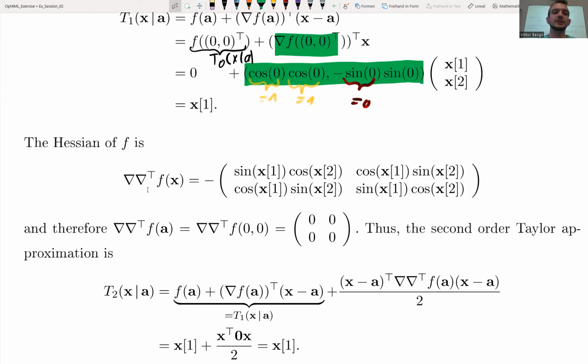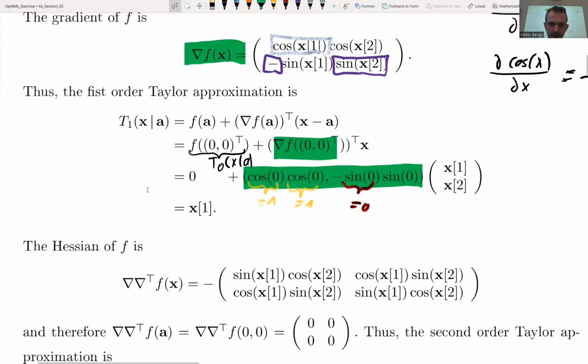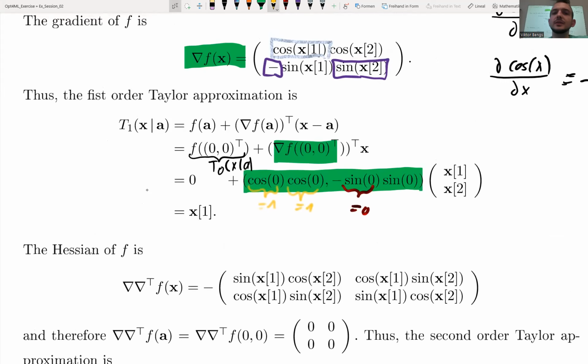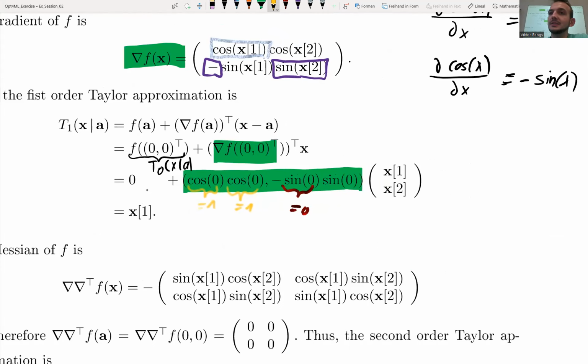And well, let's compute the Hessian matrix first and then plug it into the Taylor approximation. So what do we have? The gradient, in its first component, this product of the cosines. We take the derivative with respect to the first component. All right, we get then a minus sign of x1 multiplied with the cosine. So this is what we get here. So the second partial derivative with respect to x1.